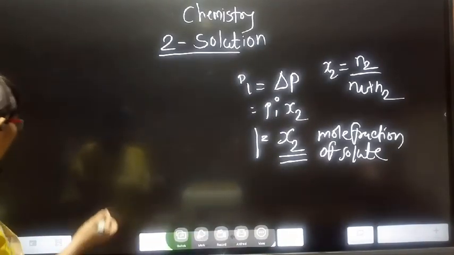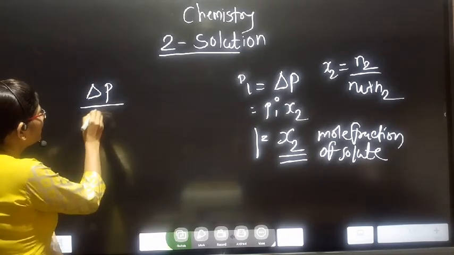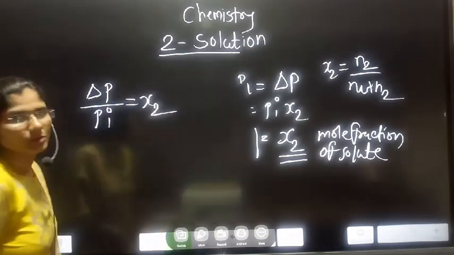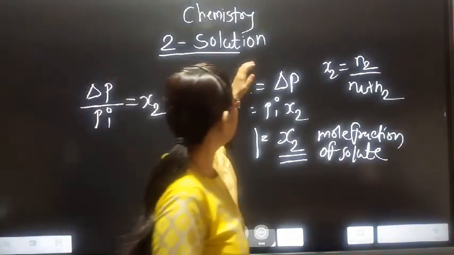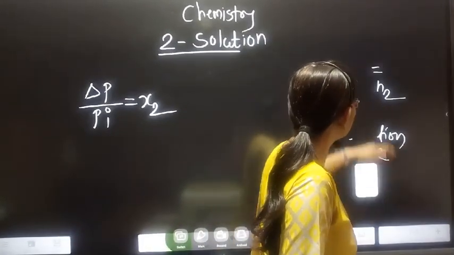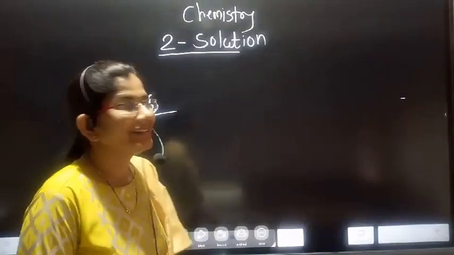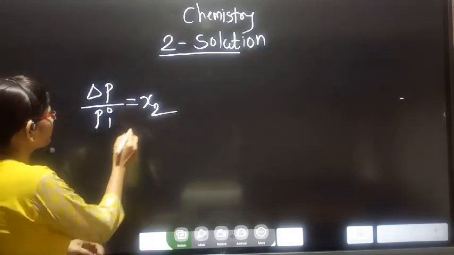As we know, delta P upon P naught 1 is equal to X2. That means the relative lowering of vapor pressure is dependent on the X2. X2 means the mole fraction of solute.